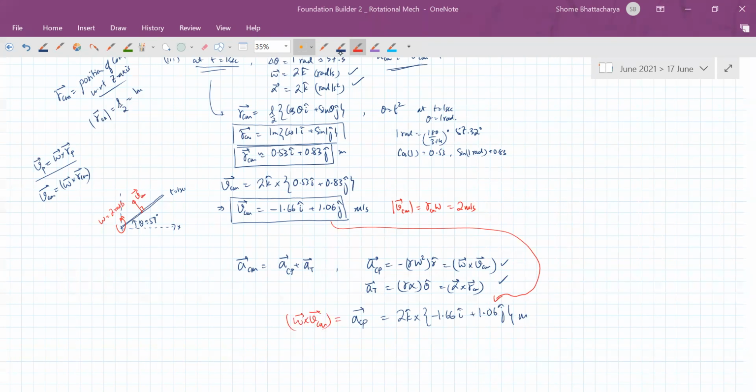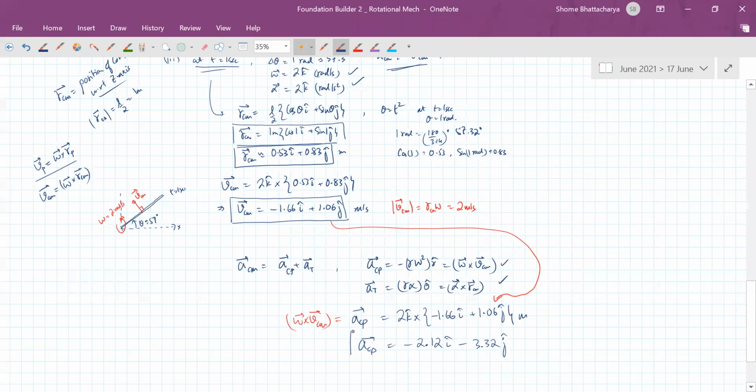So as you can see, people here, we will get the centripetal component of acceleration. Again, k cross i is j and k cross j is minus i. So this time it will be minus 2.12 i cap and again minus 3.32 j cap.